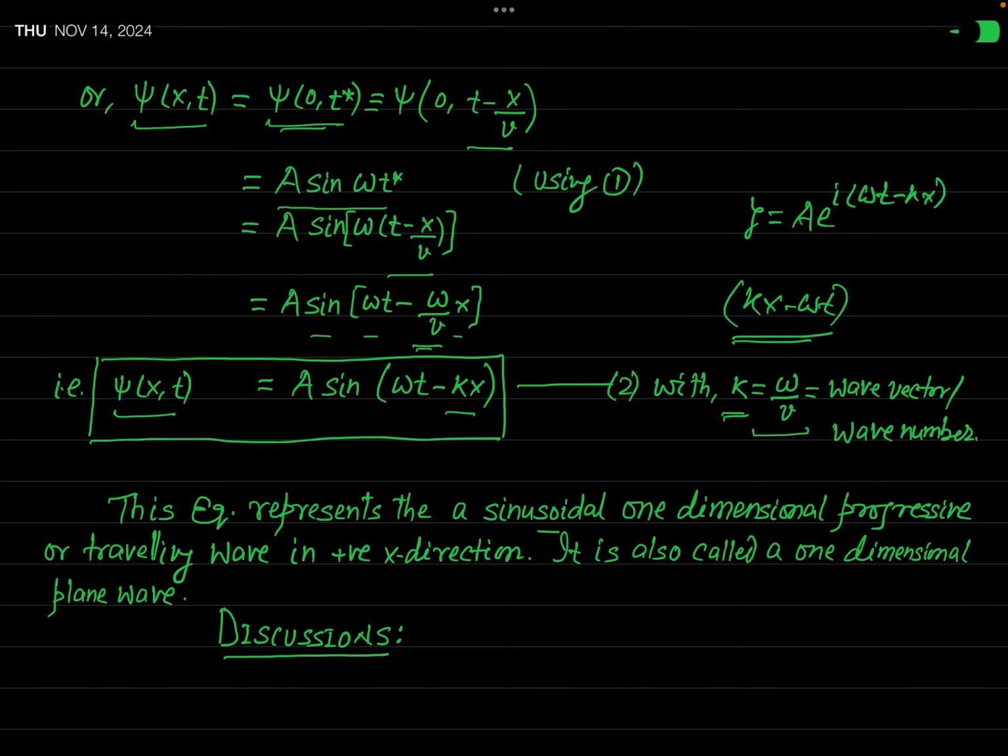Because the real part of e to the power i(omega t minus kx) is cos(omega t minus kx) and the imaginary part is sine of (omega t minus kx). So this equation also represents a plane progressive wave, a one-dimensional plane progressive wave.